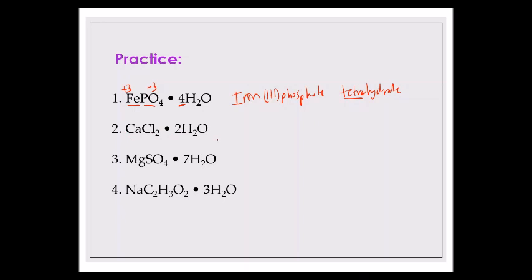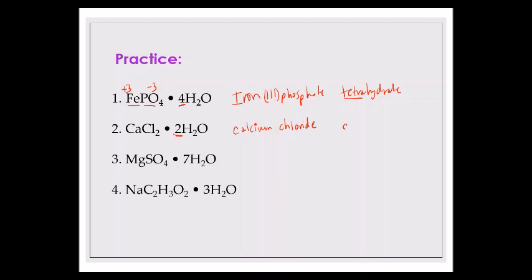How about this one? Ca is what? Calcium. And does calcium ever get a Roman numeral? No. Okay, so then this is Cl, so that's just going to be chloride. Calcium chloride, and then what's the prefix for 2?